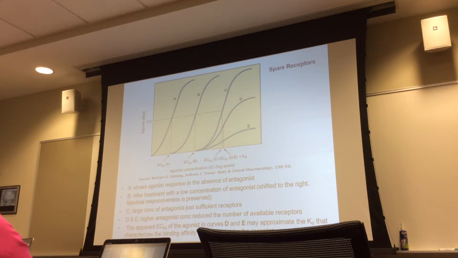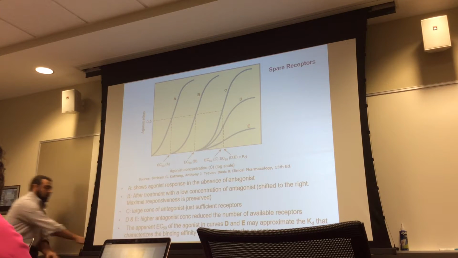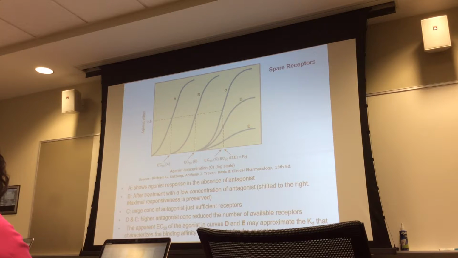And if I want to think about it in simple terms, let's assume I have 10 receptors: 6, 7, 8, 9, 10.